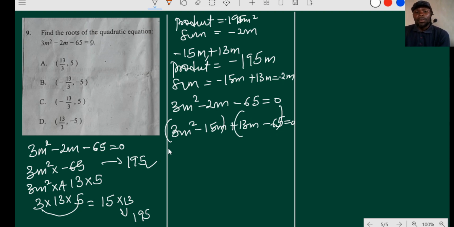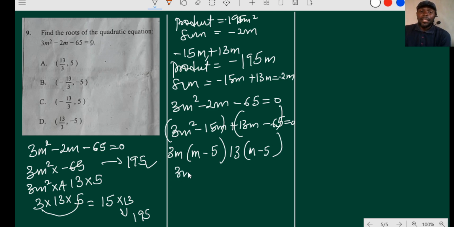Here, what is common is 3m, it remains m minus 5. Here, what is common? 13 is common, we have m minus 5. So we now have 3m plus 13 onto m minus 5 is equal to 0.